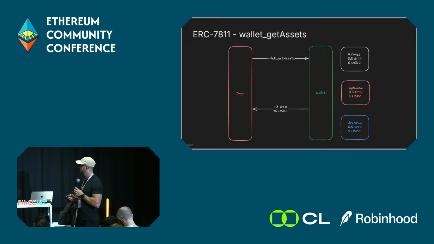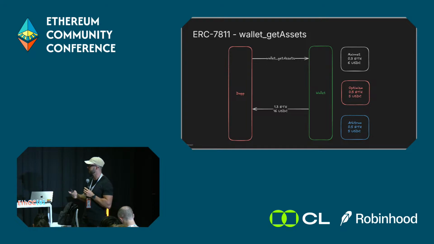And then what you saw in the app, basically the capability of the app to understand that the user has funds on other networks, was done using the ERC-7811 standard. It's called wallet_getAssets. And basically when the wallet connected, it disclosed, hey, I support this method.